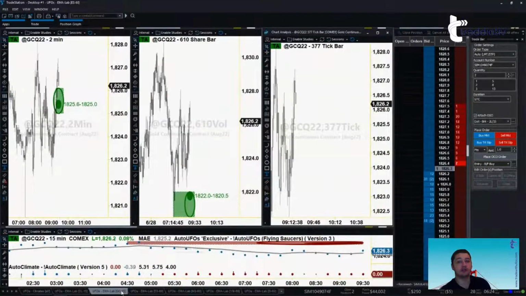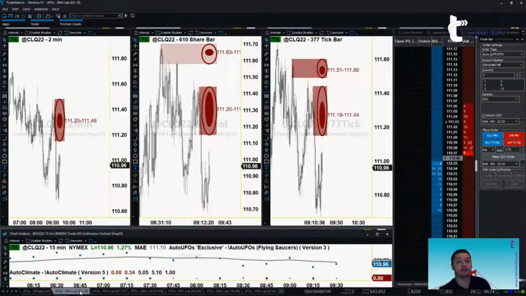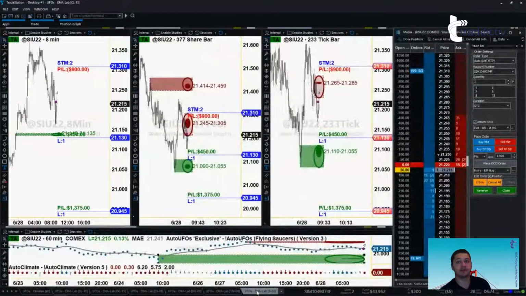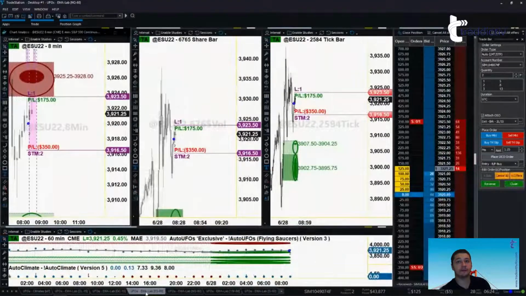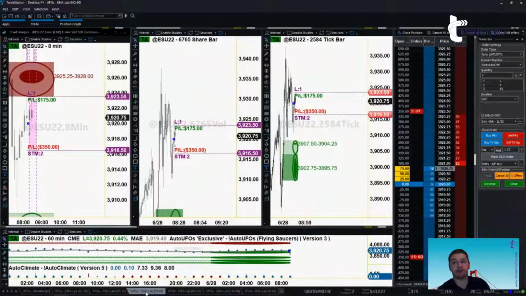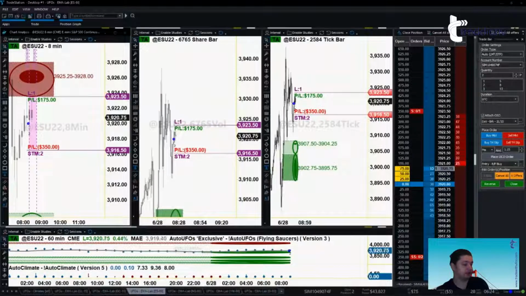Would have preferred to be filled on that T1, as it were. But, here we are. Back to the entry point there. Overextended climate, never a fun thing. But we're going to see what's going to happen.